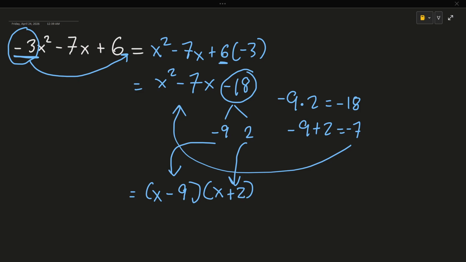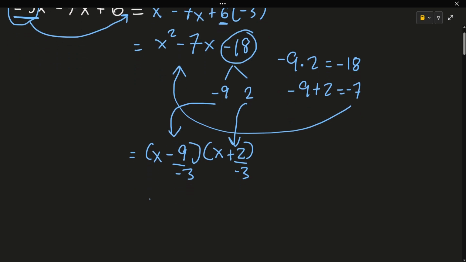Nope, because we slid negative 3, so we have to divide the numbers here by negative 3. So negative 9 divided by negative 3, and positive 2 divided by negative 3.